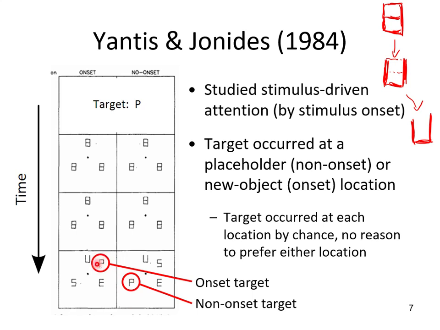However, for this location, this P is actually a new object. Common sense tells us that if there is suddenly a new object, it's probably very eye-catching, right? So they want to study the effect of this feature.